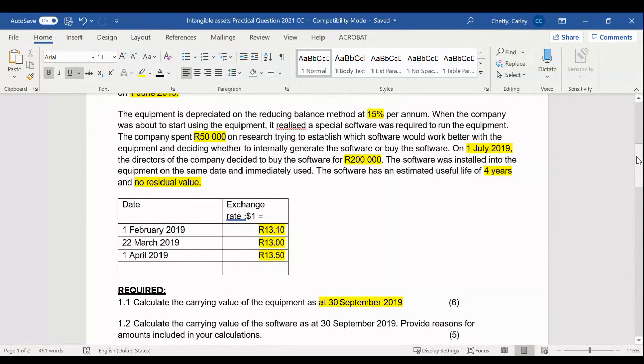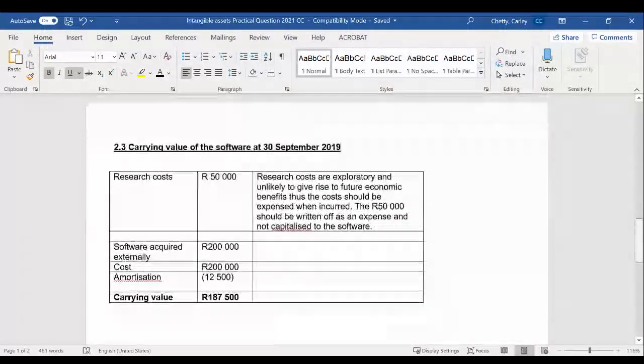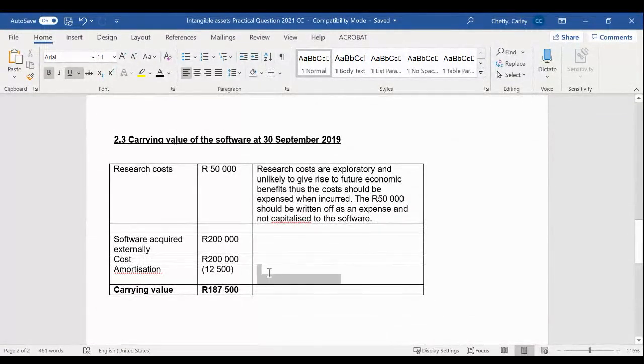What is the amortization going to be? Okay, correct. The amortization is going to be 12,500. So how did we get that?